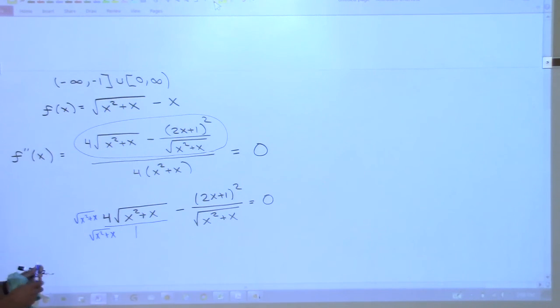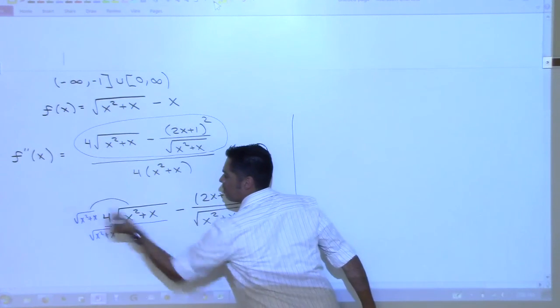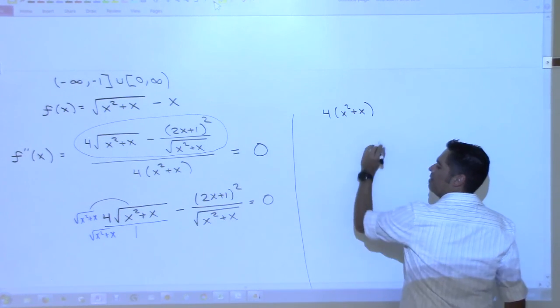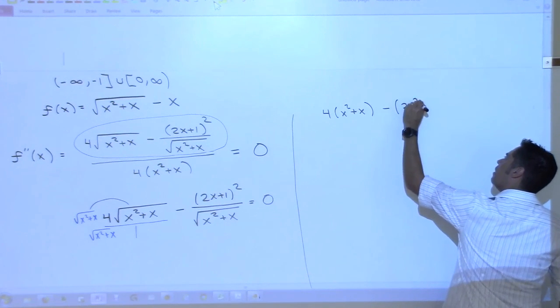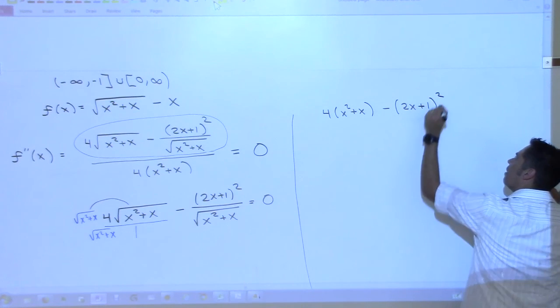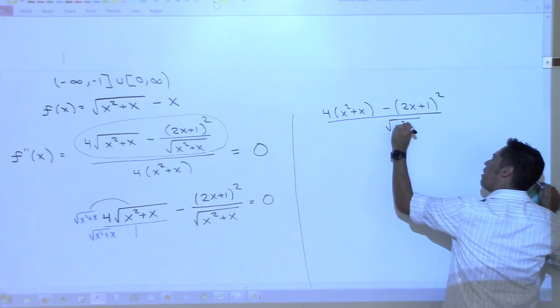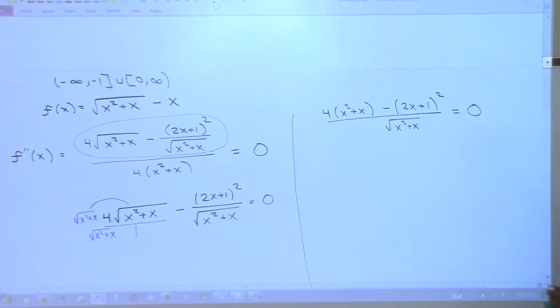And when I do that, because these two roots go together, I just get 4 times x squared plus x, and then minus this piece, 2x plus 1, that quantity squared, all over the common denominator of root x squared plus x. That all must equal 0. So there's my common denominator, and now that can only be 0 if the top is 0.